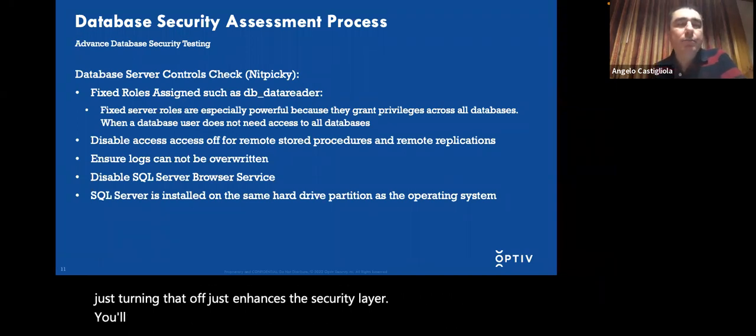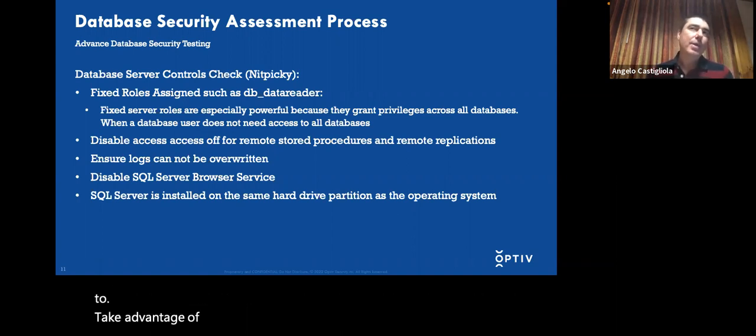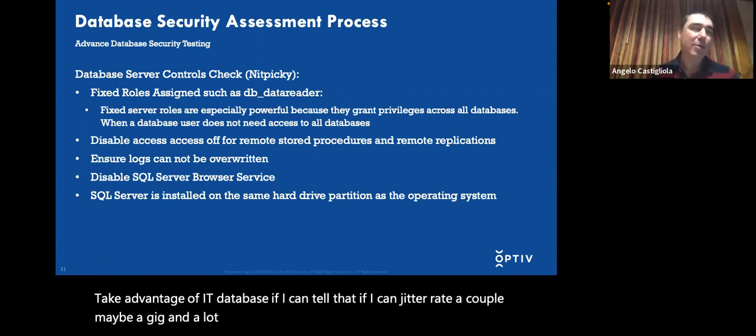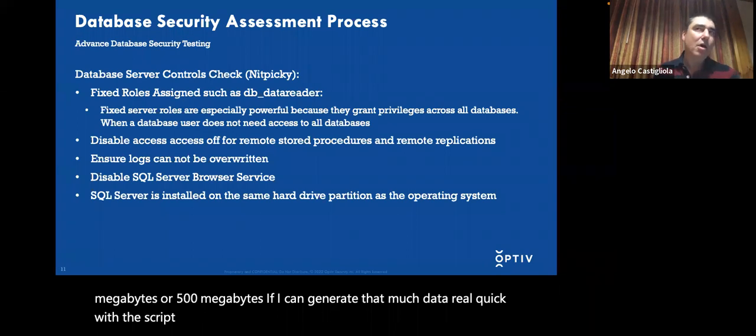Ensure that logs can't be overwritten. If I'm an attacker and I am able to take advantage of a database, and I can generate maybe a gig of data, and a lot of times log files might be set to like 100 megabytes or 500 megabytes, if I can generate that much data real quick with a script, all that log data of what I did will be overwritten.